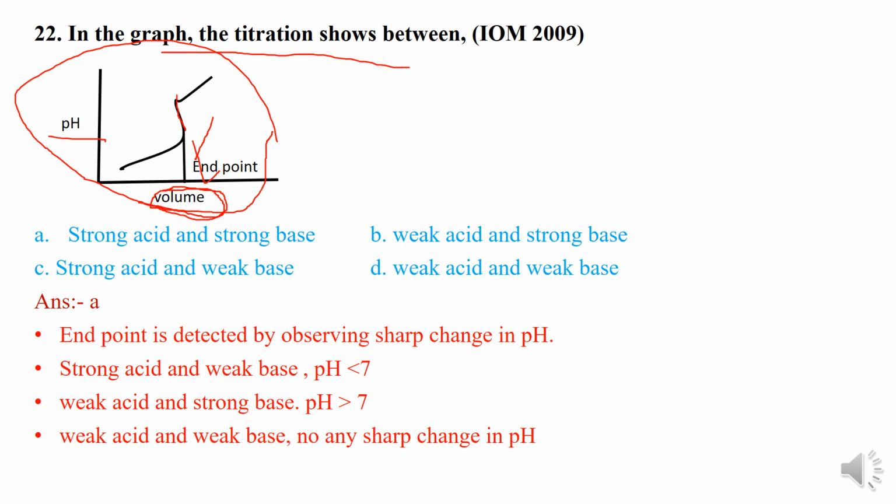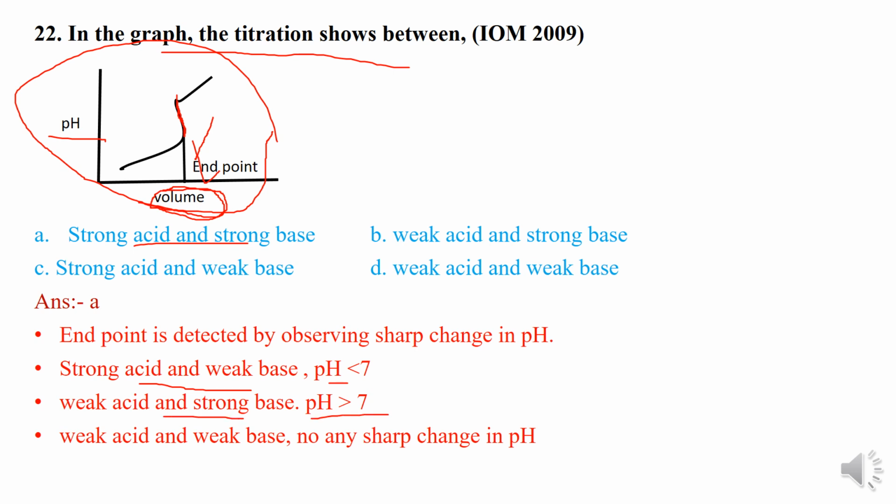In case of strong acid and strong base, the sharp change in pH falls in the region of 7, because the pH of strong acid and strong base will be 7 at the end point, right? However, for strong acid and weak base, the pH will be less than 7. In case of weak acid and strong base, pH will be greater than 7.